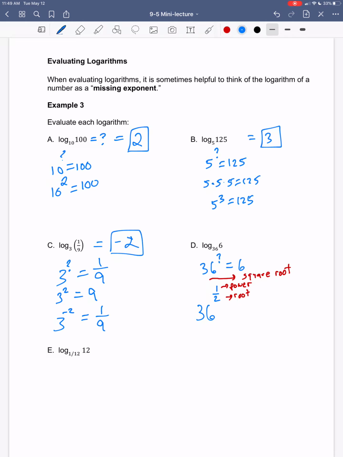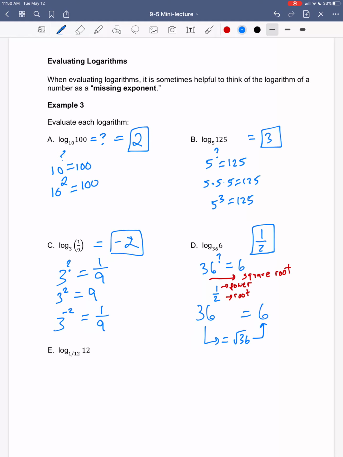So if I have 36 to the 1/2, that's equal to 6, because 36 to the 1/2 is equal to the square root of 36, which is equal to 6. So the answer to this problem, the log base 36 of 6, is 1/2.